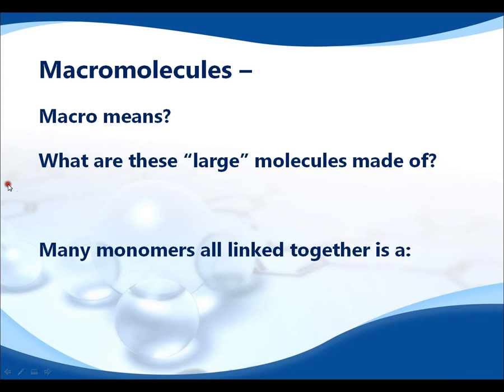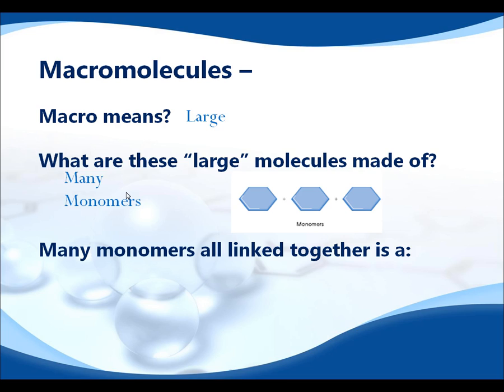So macromolecules. Macro means large, right? And these large molecules are made of many monomers. Now, this is important vocabulary, because this is what you'll see most likely on the EOC. So many monomers all linked together make a polymer. So there are monomers. These happen to be carbon rings.